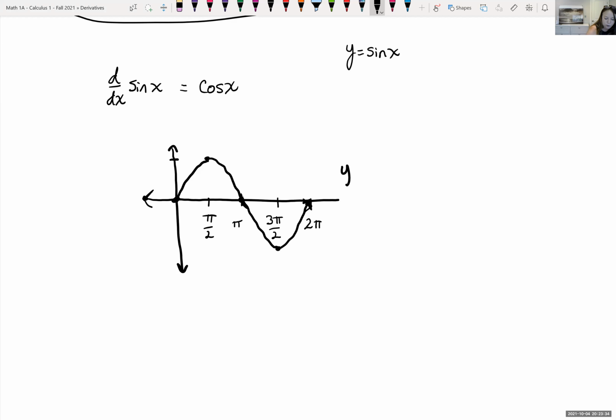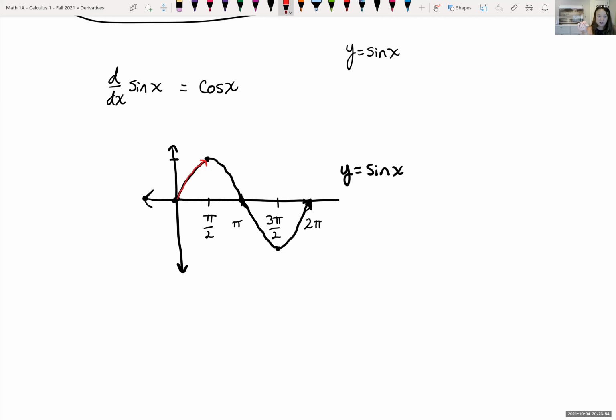So this is our original function. Now let's talk about our derivative function. We had been talking about graphing the derivative function before. So let's look at our original function and notice that it is increasing.